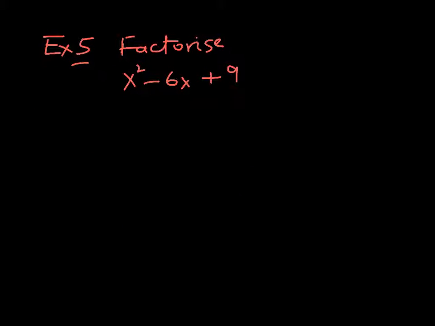So now let's factorize x squared minus 6x plus 9. We rewrite this as x squared minus 6x plus 3 squared. So our p here is x, our q here is 3. Can we write the middle term as 2 times 3 times x? Yes, that's possible.